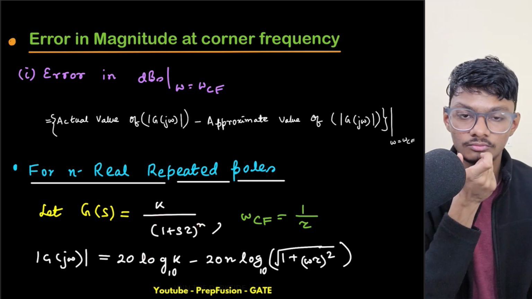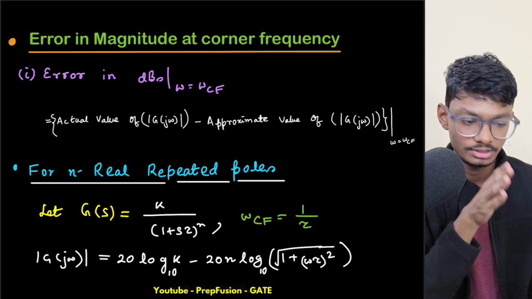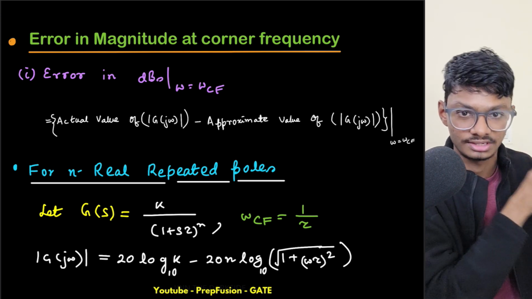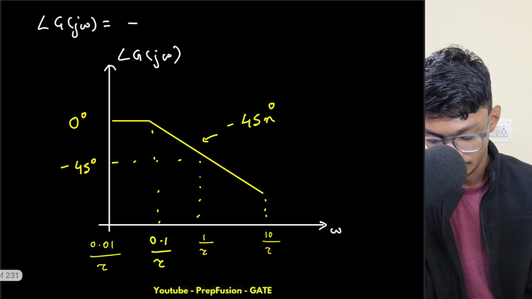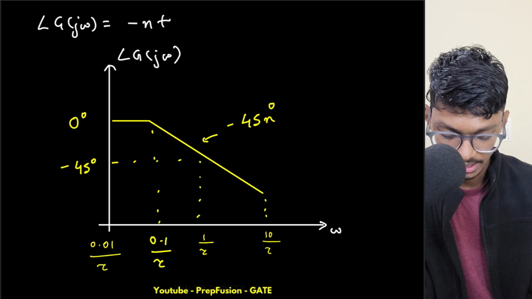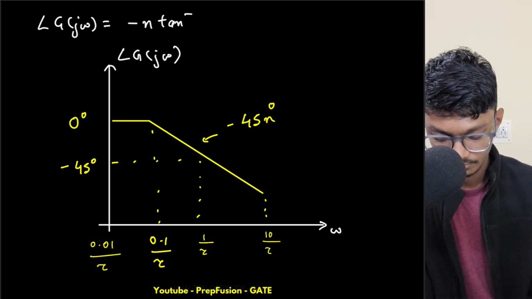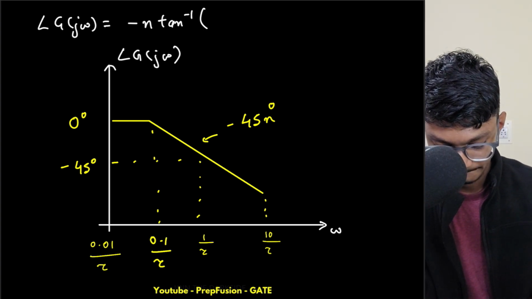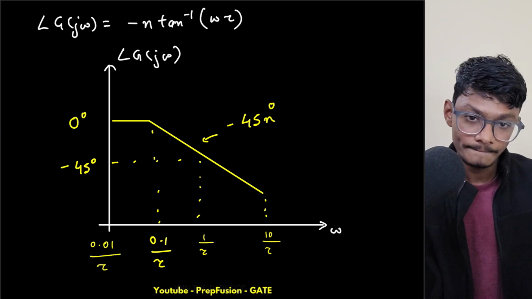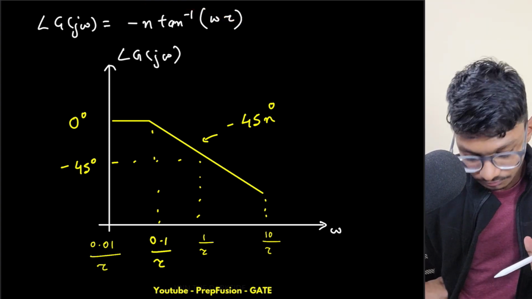For one pole, the formula was tan inverse omega tau. For two poles, it will be minus tan inverse omega tau minus tan inverse omega tau, another one gets added, so 2 tan inverse omega tau. For n poles, it will be minus n tan inverse omega tau.